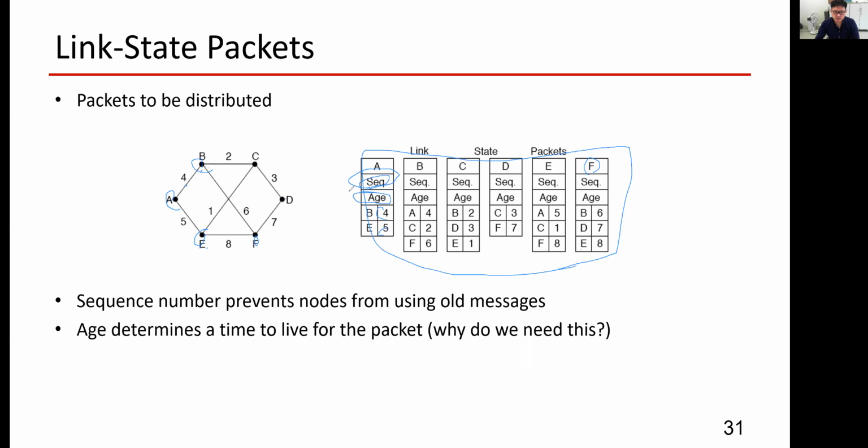For the message sequence, if it is coming from me, then I increment the value by 1. Let's say C just received sequence number 34 for the messages. Then if a message comes with sequence number 30, meaning 30 is an old message, then I can discard it. I only update with the latest information.